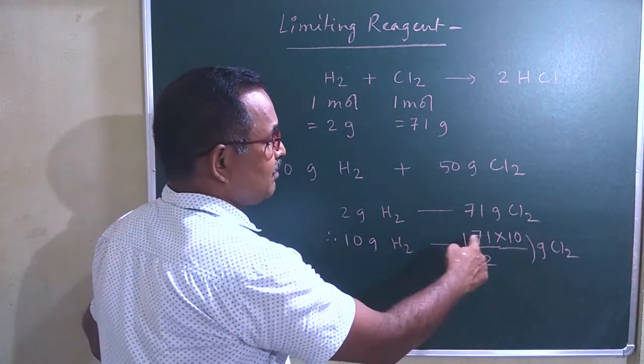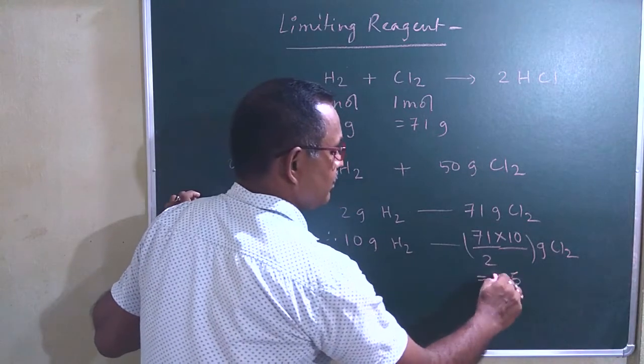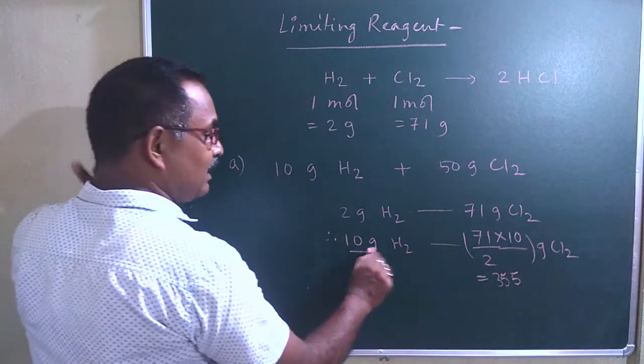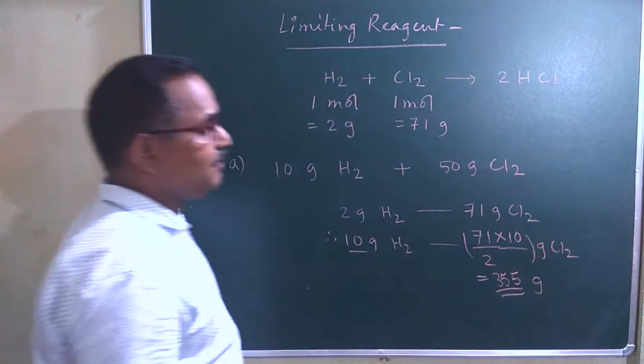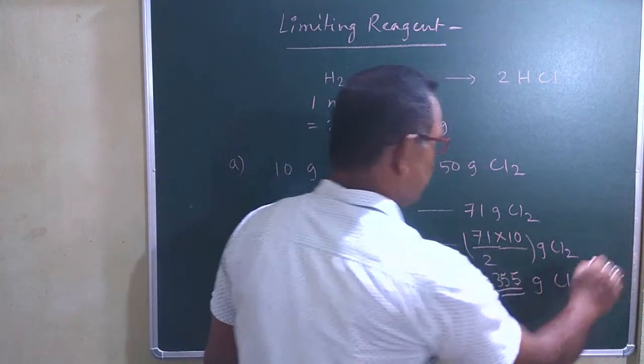So 71 multiplied by 5, that is 355. So to react with 10 gram hydrogen, we would need 355 gram of chlorine.